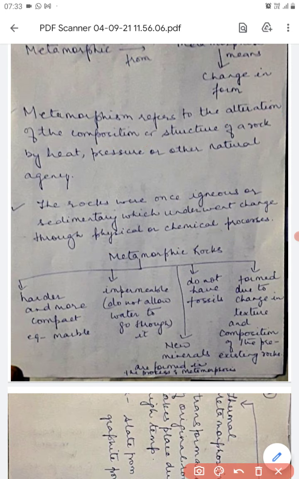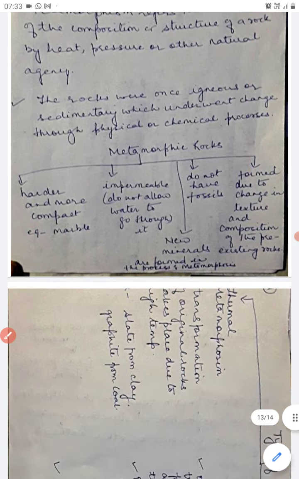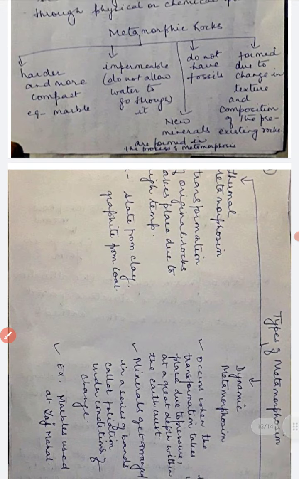Now, metamorphic rocks are harder and more compact. Example, marble. As you can see, marble is used in the flooring in almost all houses. They are very tough and hard rocks.